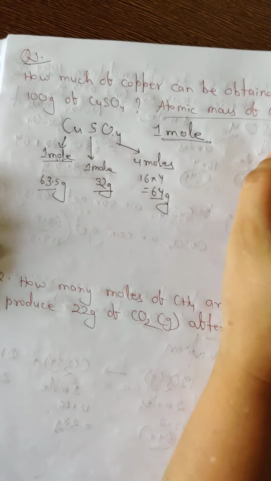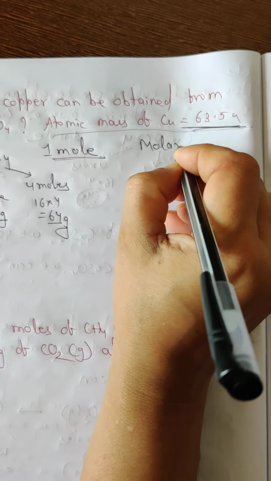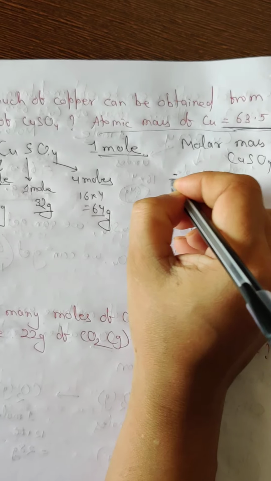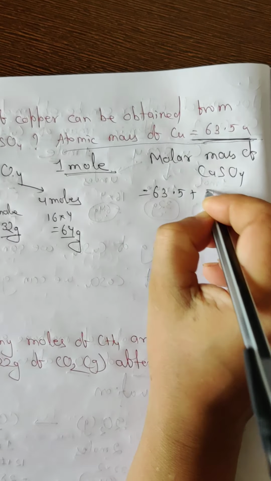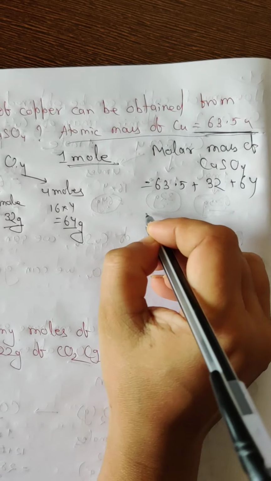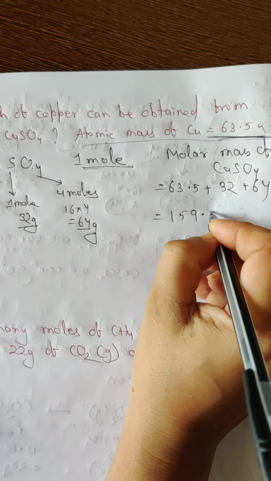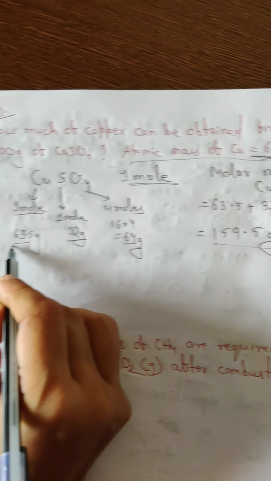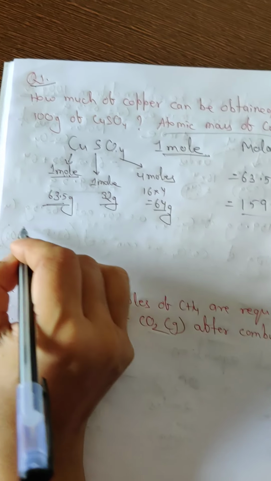Now let us find out the molar mass of copper sulfate. Molar mass of copper sulfate is equal to 63.5 plus 32 plus 64, that is equal to 159.5 gram. So in 159.5 gram of copper sulfate, 63.5 gram of copper is present.